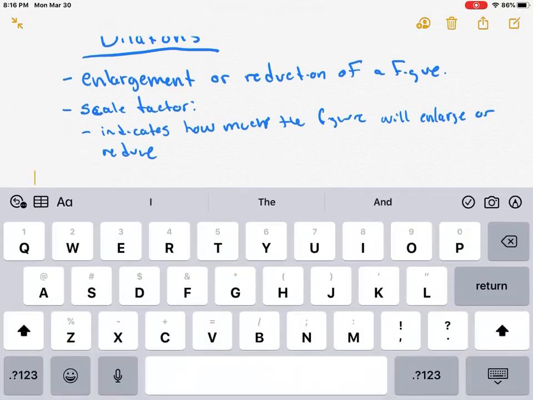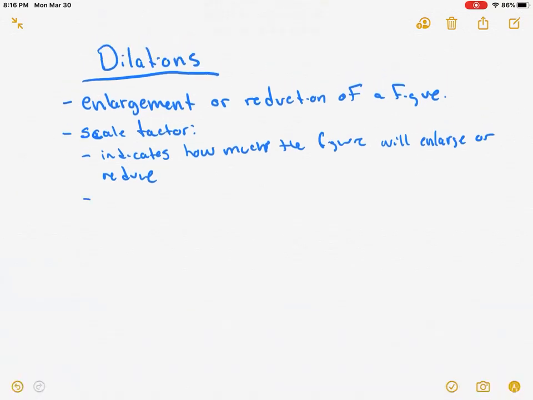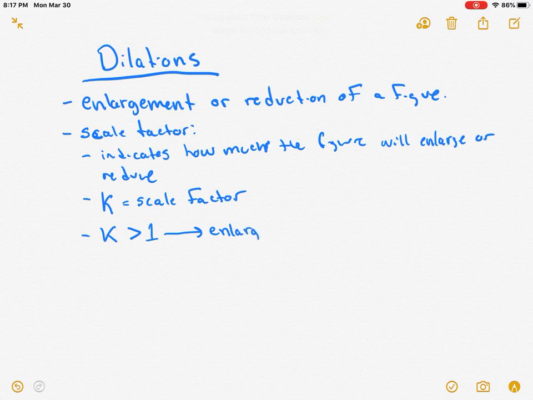We represent the scale factor by the letter K. All right, K equals scale factor. And if K is greater than 1, then we have an enlargement. If K is less than 1, we have a reduction.